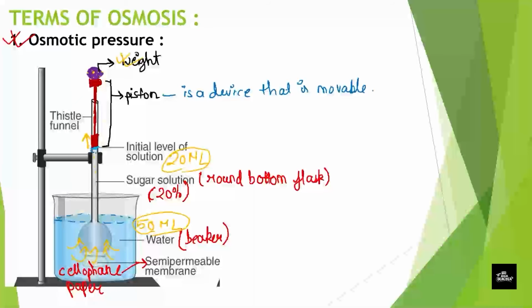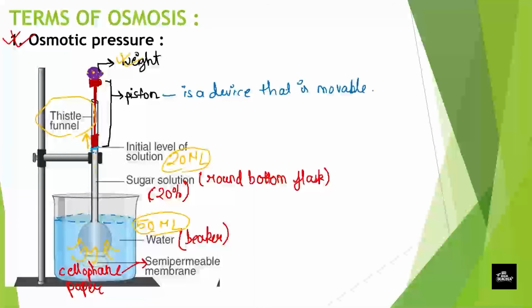But here, since the piston is present and the weight is applying a force on the piston, water molecules are not able to move the piston upwards and increase the level of solution in the thistle funnel. That is, water molecules have to put in a force to increase the level of solution inside the thistle funnel.